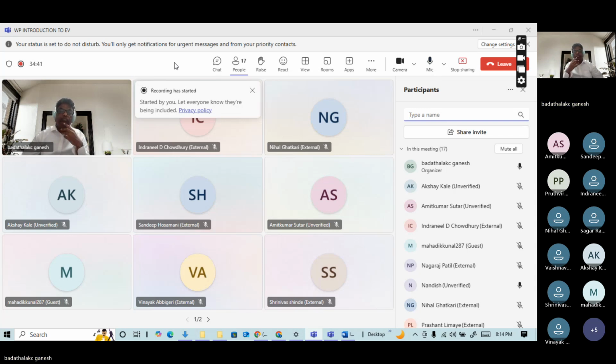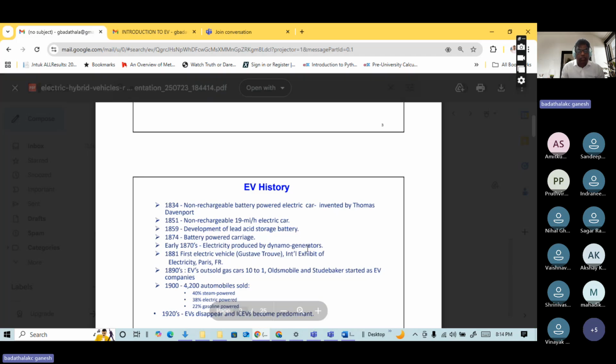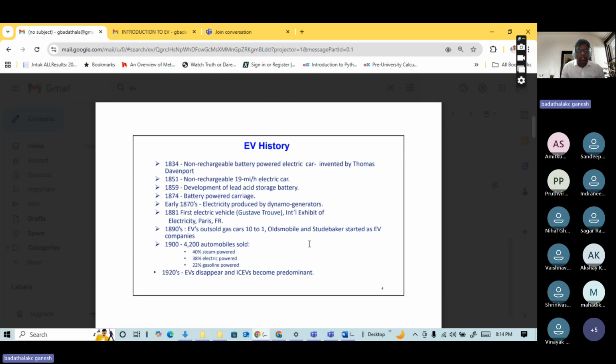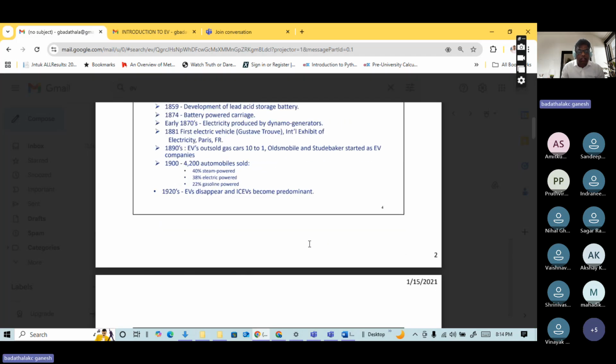The impact of this colonial rule is still there and will continue for generations to come. And we are very fortunate to some extent, according to me, my personal opinion, that we have benefited from them. So if you see this presentation, these are the developments earlier.